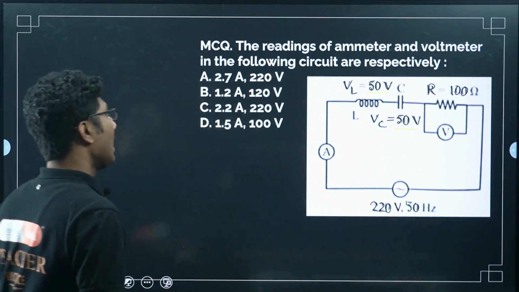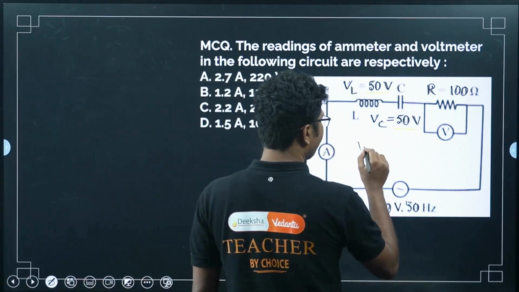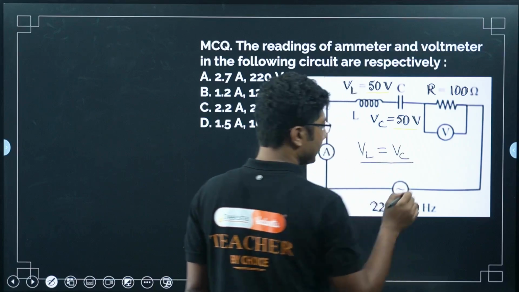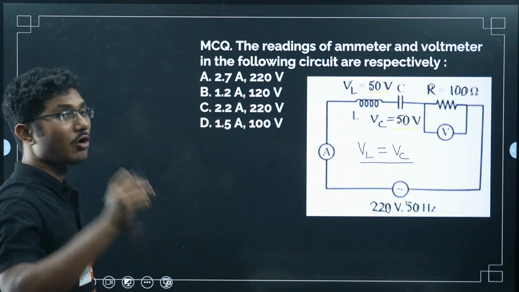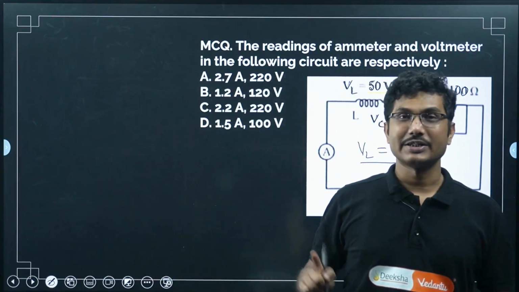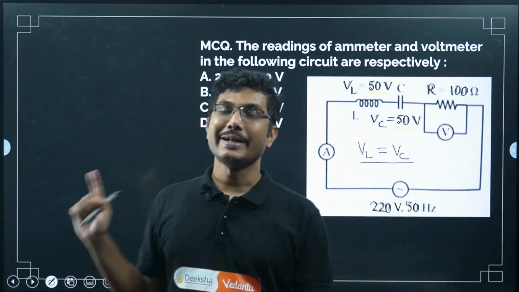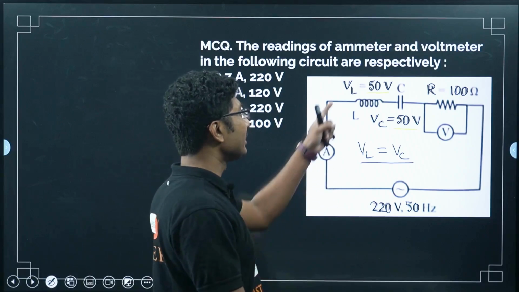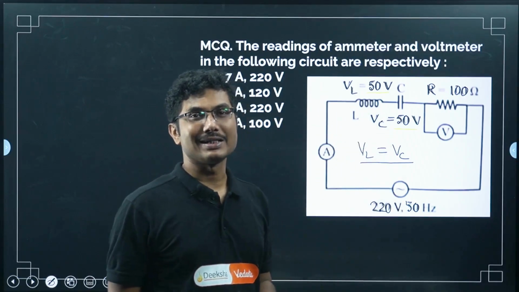Now here you can see from this expression VL equals VC, magnitude wise. Now this happens only at resonance. Only at one point is this condition possible, that is when there is a resonance. Now at resonance, what is the most important thing? VL and VC will cancel each other.